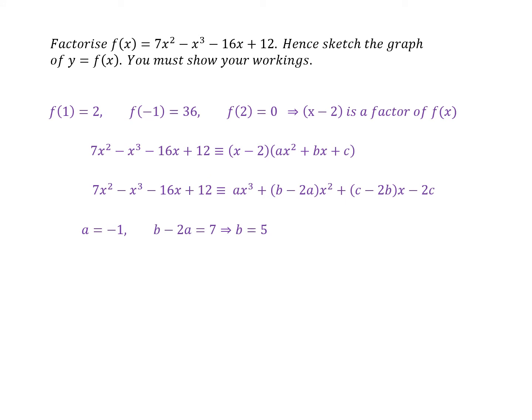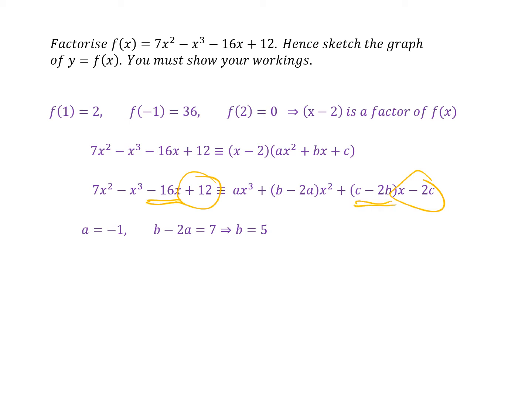Now, some people then go straight to the end and they say, we can compare the independent terms and get the value of c, but I prefer to do a belt and braces on this one. I prefer to look at the coefficients of x here.